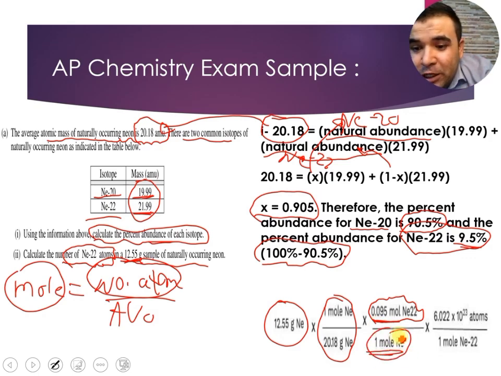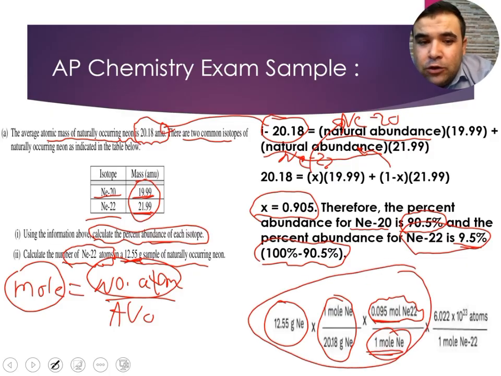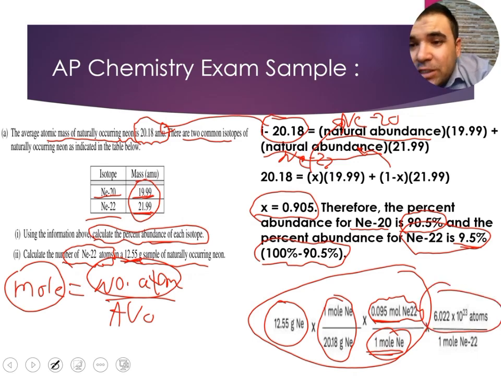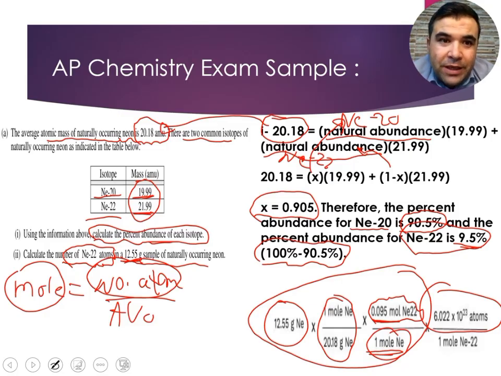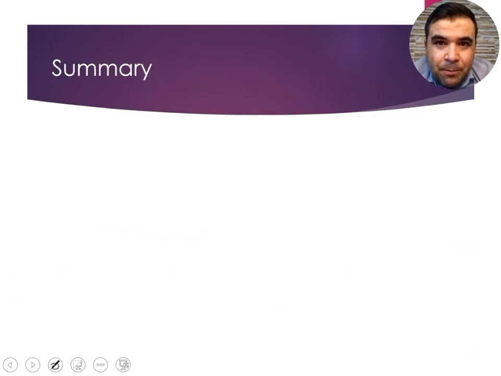That mole of neon includes both isotopes, neon 20 and neon 22. In 1 mole of neon, we have 0.095 moles of neon 22, guys. So here we converted into the mole of neon 22, and then when we convert into the mole of neon 22, we should multiply by Avogadro's number in order to get the number of atoms. That's the solution of this IB chemistry exam.